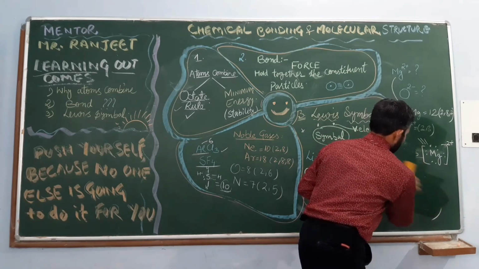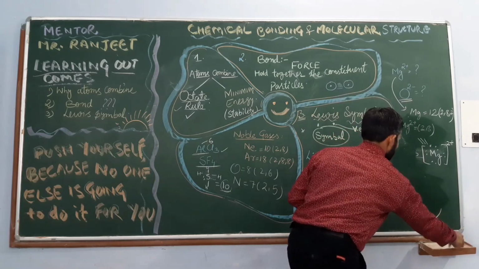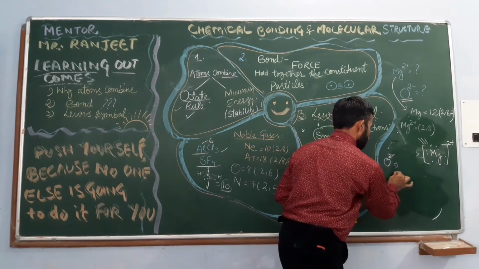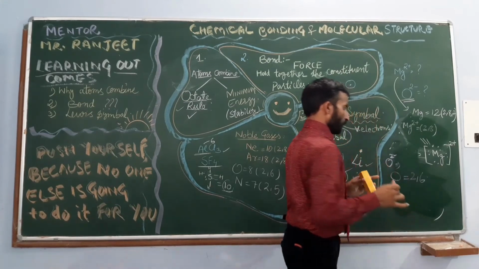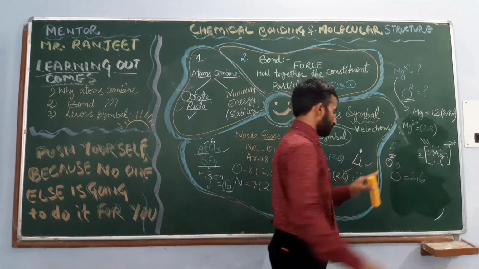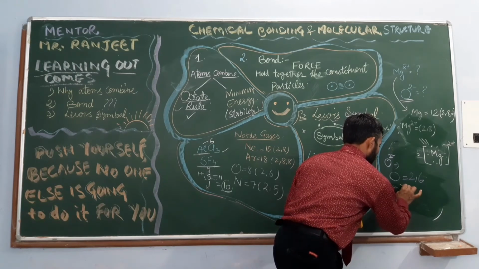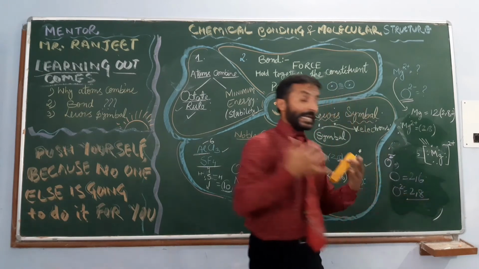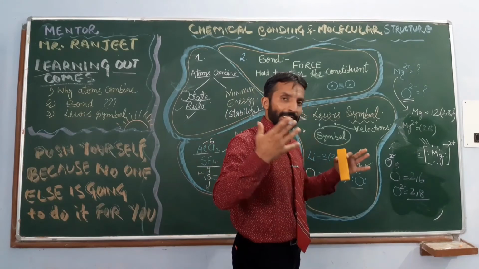And what about oxygen? How to write for O2 negative? Already you know oxygen is 2, 6, so it needs 2 electrons, then it will have a 2 negative charge. When it gets 2 electrons, O2 negative means 2, 8: 8 electrons in the valence shell, 2 gained by it.